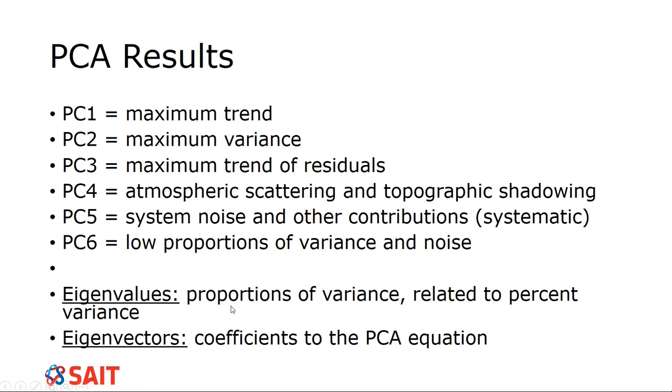It's also called these too. So you're going to see eigenvalues, and it's going to be for each band. It's going to say what proportion of this band is contributing to the variance. And you also see percent variance as well.